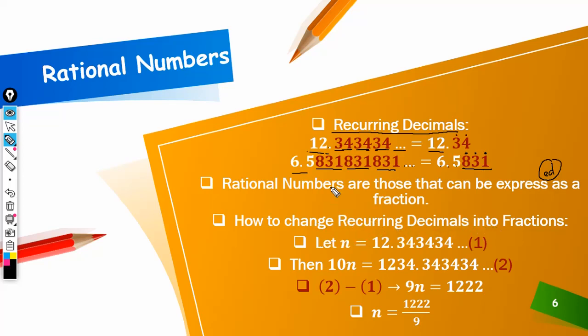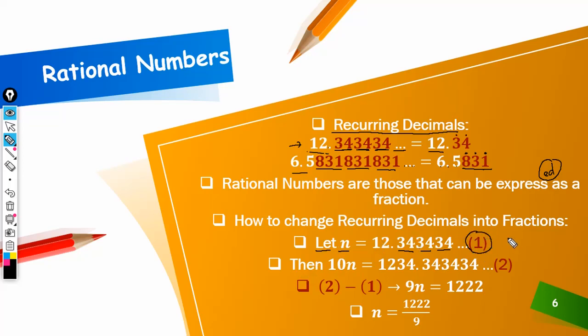Okay, for example, let's see this. So we want to make this a fraction. Kita akan membuat ini menjadi pecahan. First of all, let misalkan n equals 12.343434, and this is the first equation, persamaan pertama.